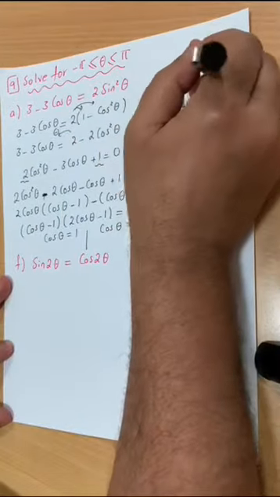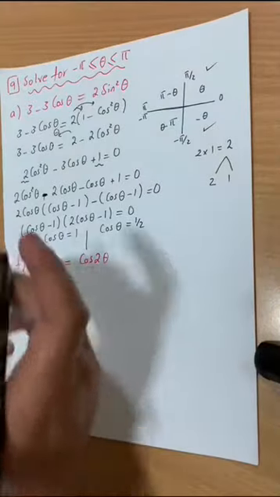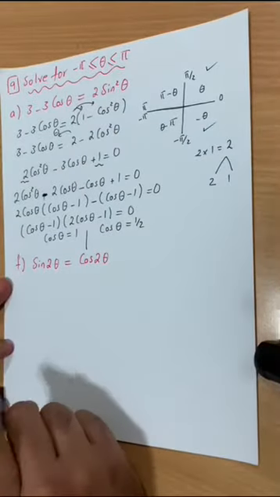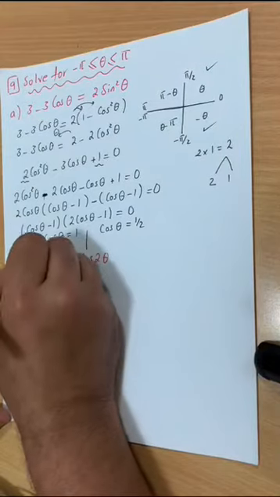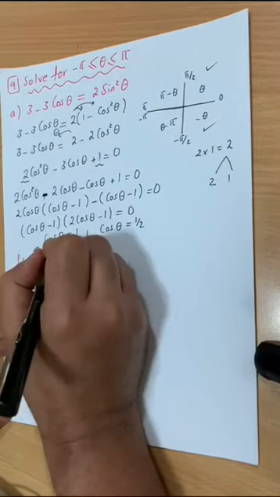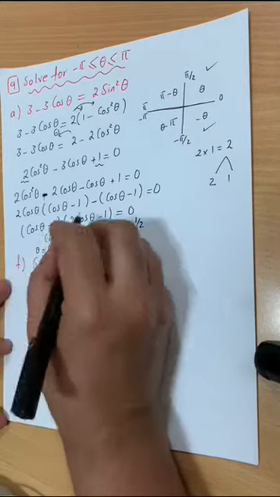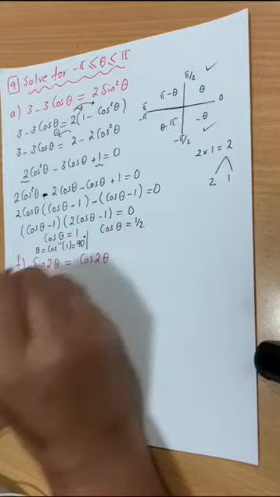Cosine is positive in the first and fourth quadrants and negative in the second and third, but we don't have negative. So for the first one, theta is inverse cosine of 1. Inverse cosine of 1 is equal to 90 degrees.